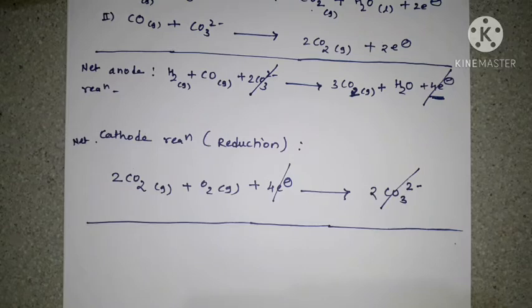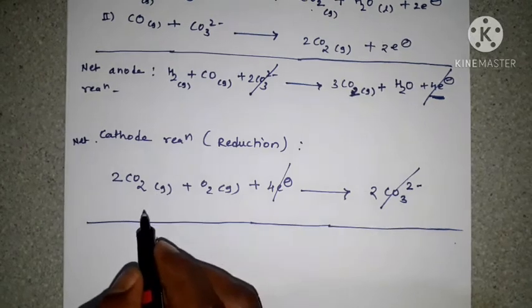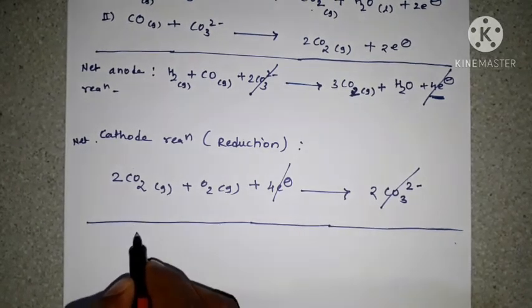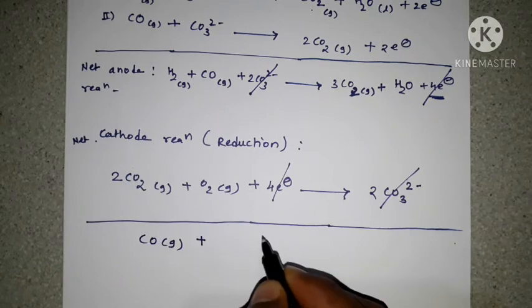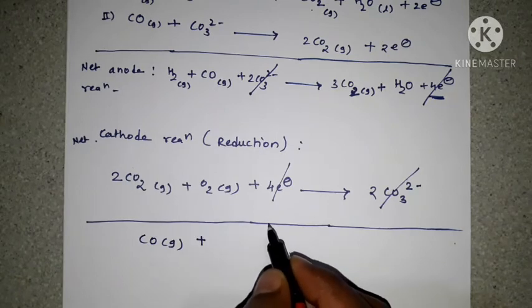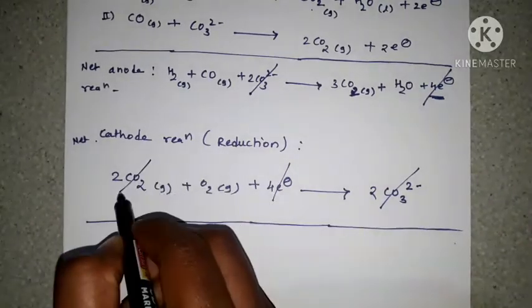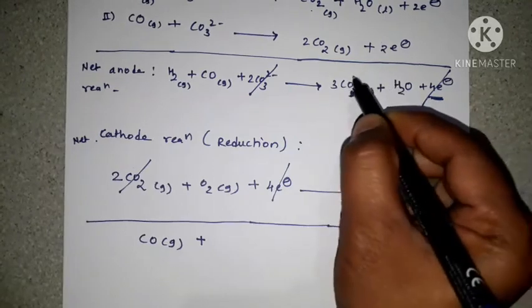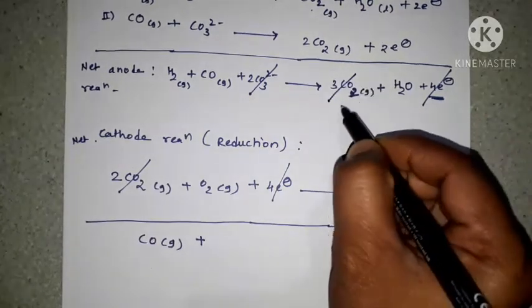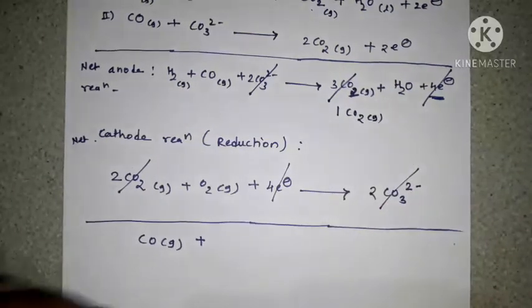One more, 2 CO2 and 3 CO2: out of the 3 CO2, 2 CO2 get cancelled, and 1 CO2 remains on the right.